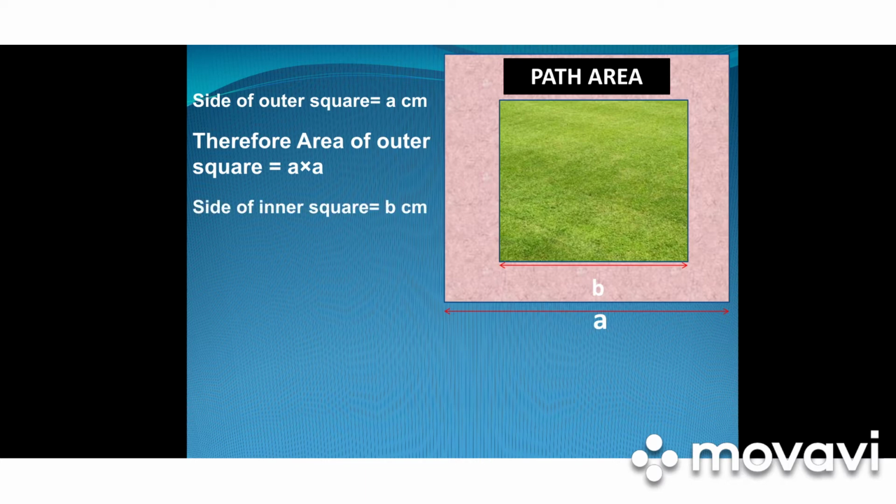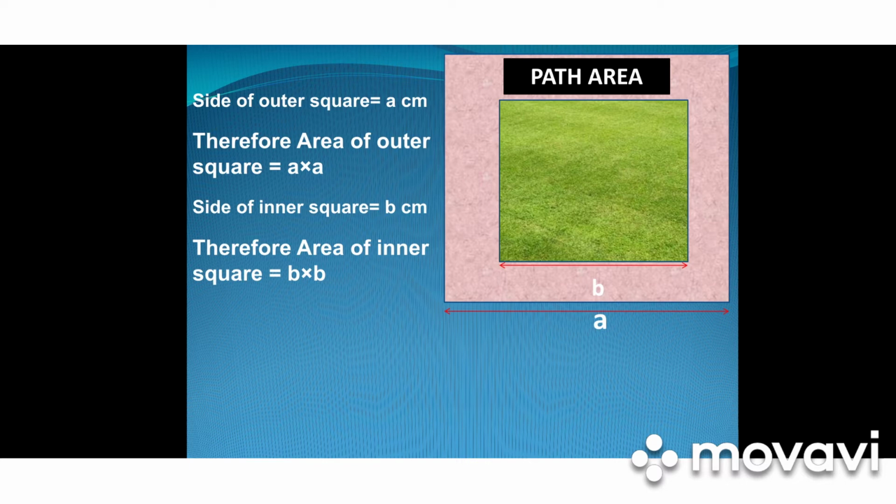Side of the inner square, which is our square lawn, is b centimeters. So what about the area of the square lawn? Can you guess? Yes, you are right. Therefore, area of the inner square is b into b.